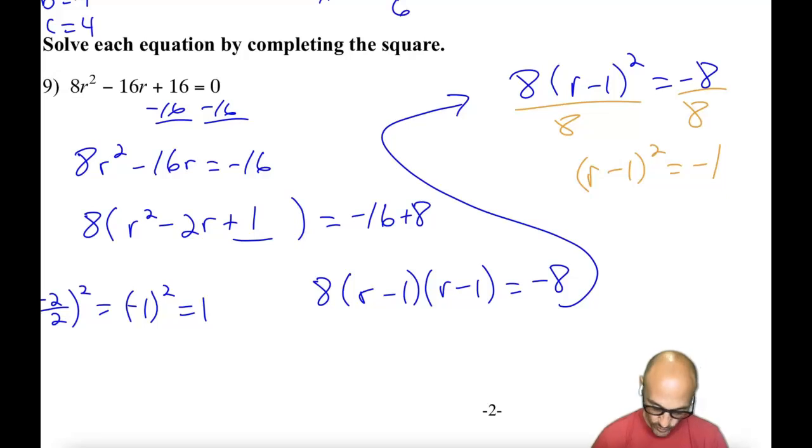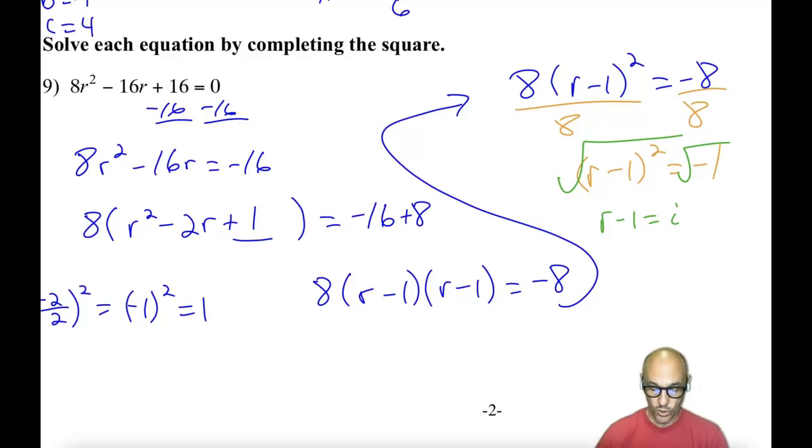So I know what was happening for me is I need to square root now, because what's happening here is we're going to have a complex solution, and that's really all that's happening. We're going to square root both sides, so we get r minus 1 equals i.